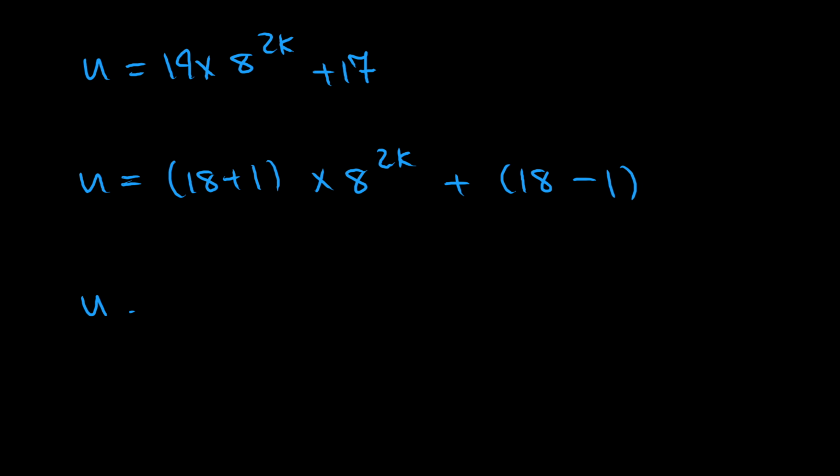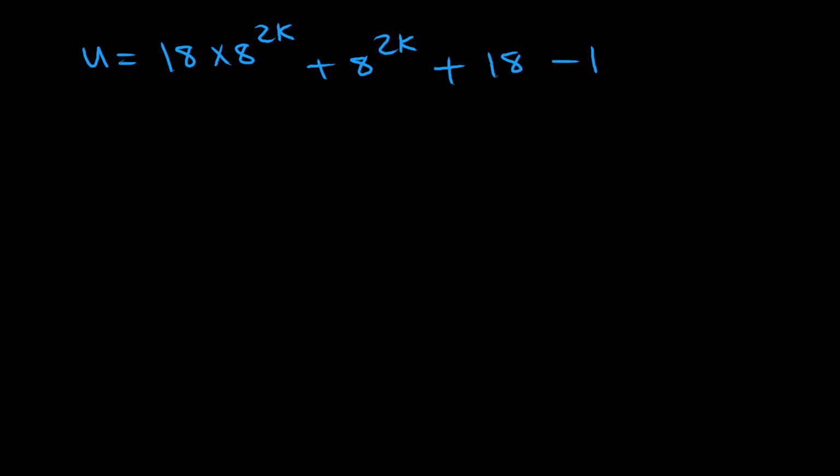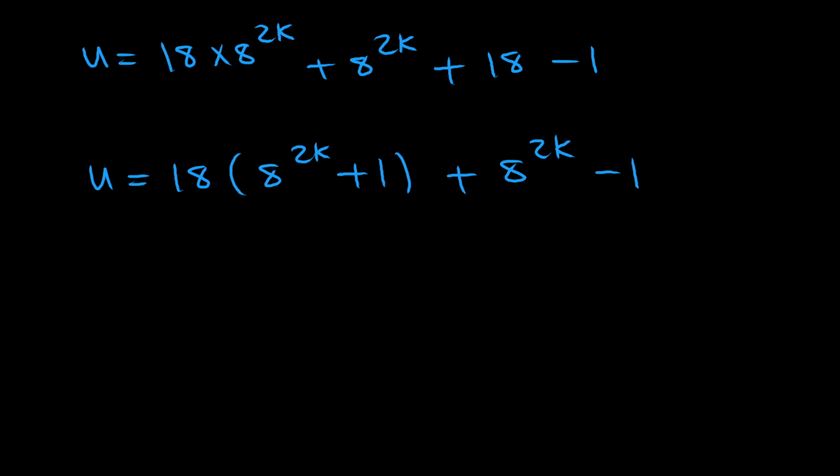So we have u equals 18 times 8 to the power of 2k plus 8 to the power of 2k plus 18 minus 1. Now let's factor out 18 out of these two. So we're going to have u equals 18 times (8 to the power of 2k plus 1) plus 8 to the power of 2k minus 1.